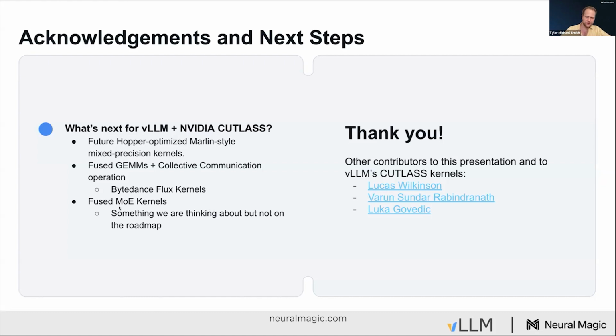Further down the line, not quite on the roadmap, we're thinking about fused MoE Cutlass-based kernels. I'd also like to thank the other Neural Magic team members who helped with this talk and with the Cutlass kernel implementations: Lucas Wilkinson, Varun, Rabindranath, and Luka Govic.